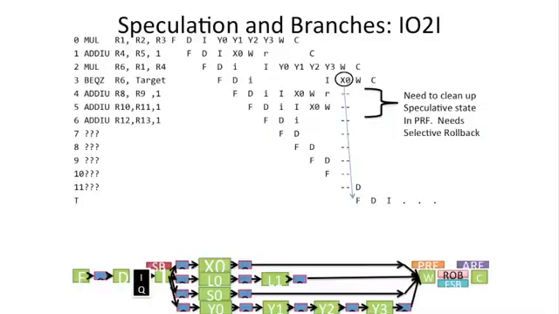Well, let's go look what's happening in the physical register file for this case. So in this case, for the physical register file, this mul has written the physical register file. That's a good value. We want to keep that mul. This add here has also written the physical register file. We don't want to keep that.